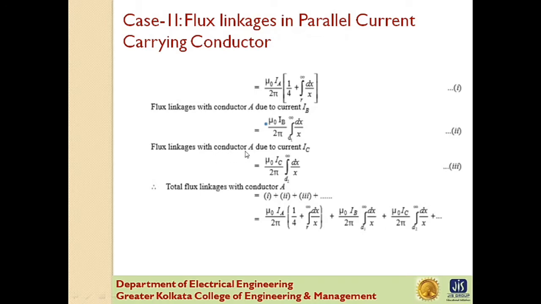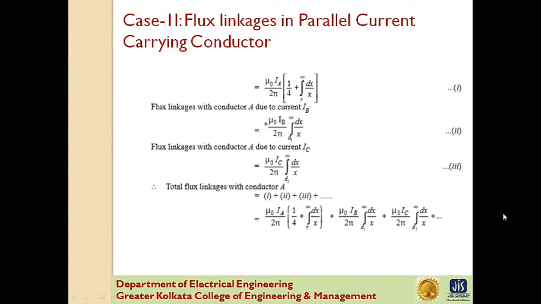Similarly, the flux linkage with conductor A due to current IC is given by mu 0 IC by 2 pi integration d2 to infinity dx by x. So the total flux linkage with conductor A is given by this, where this is due to its own current, this flux linkage is due to current IB, this flux linkage is due to current IC, and so on.